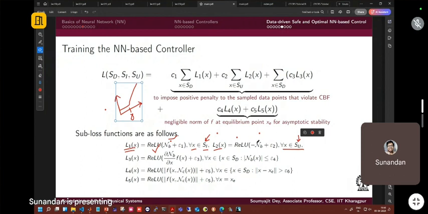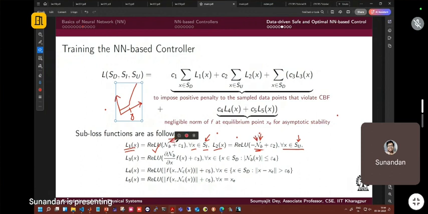So whenever the opposite happens, whenever this is increasing, meaning the negative of NB, whenever I am outside, in the unsafe region, when I am checking the CBF, consider NB as a CBF.